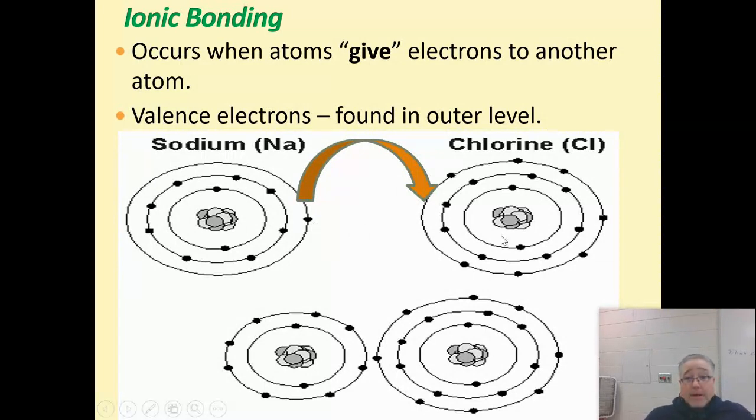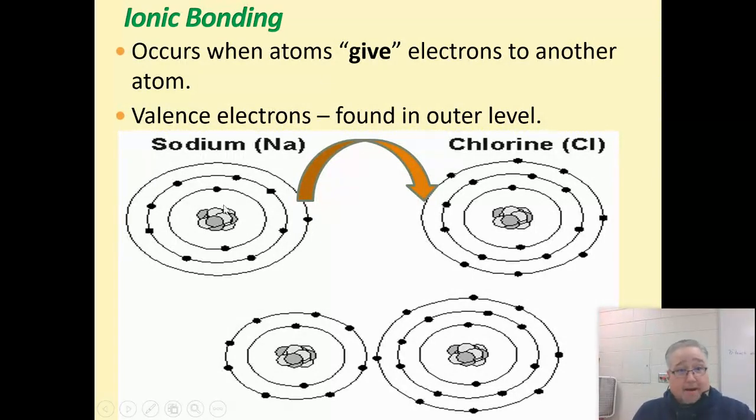Chlorine has 7 valence electrons. There's one thing about atoms that you need to know. Atoms don't like it when their outer level is not full. They're not very happy.